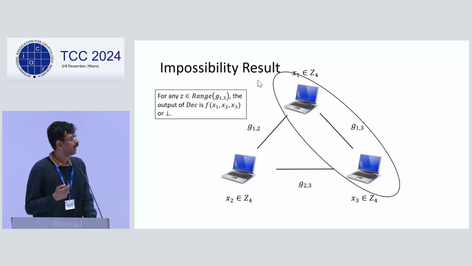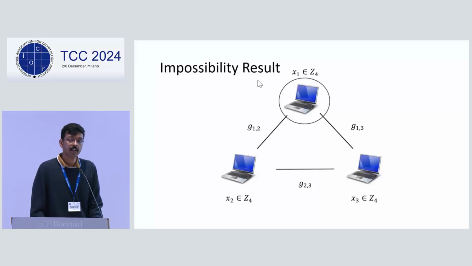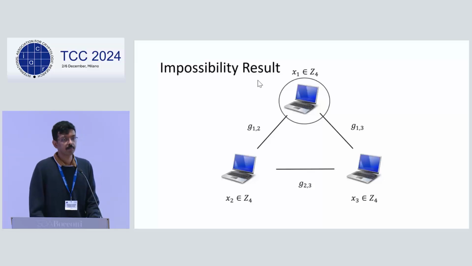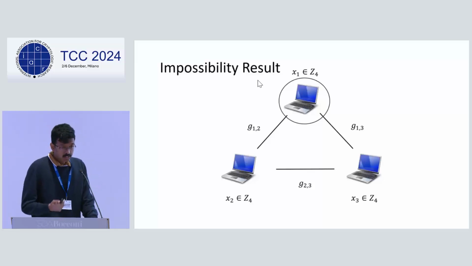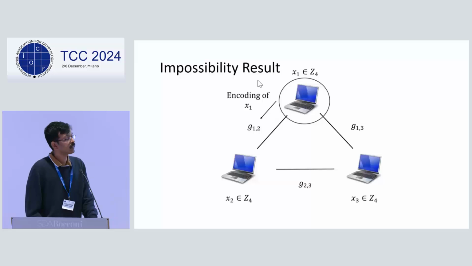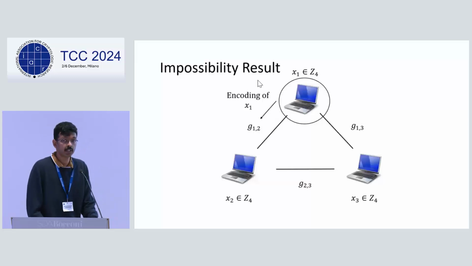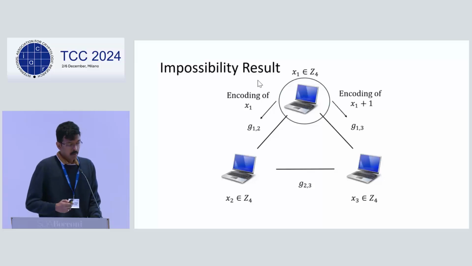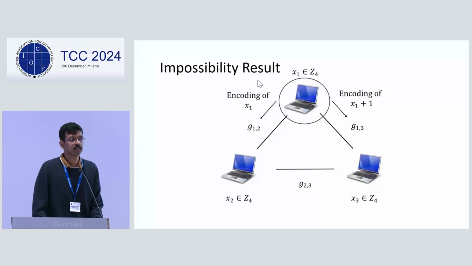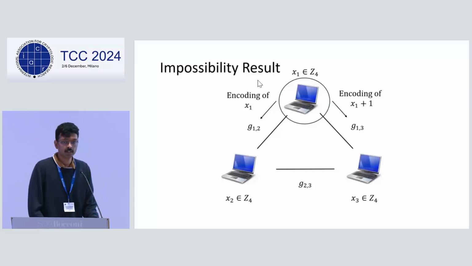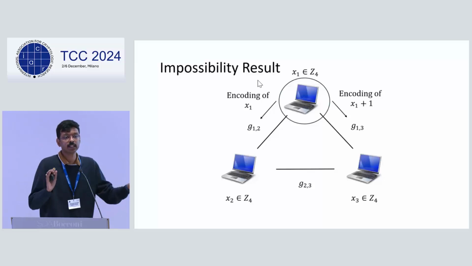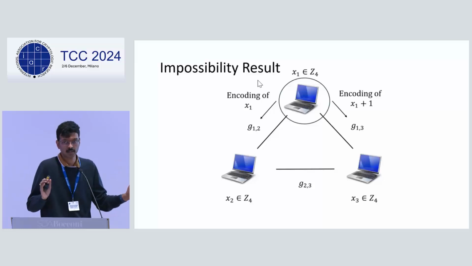Now, to complete the attack, consider an adversary that just corrupts P1. This adversary sends an honest encoding of x1 when it is interacting with G12, but it sends an encoding of x1 plus 1 when it's interacting with G13. So basically, it is using inconsistent inputs in its two oracle calls.